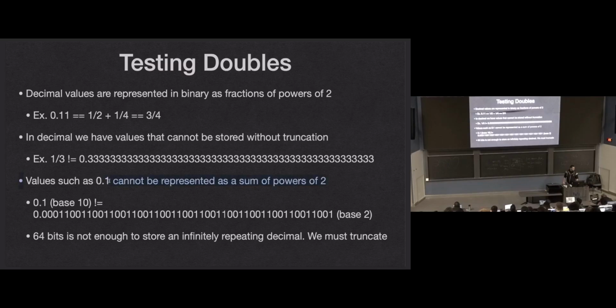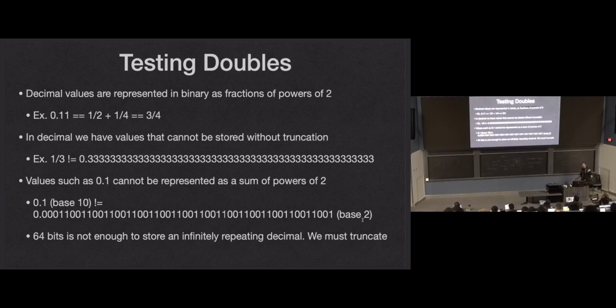And there are certain values like 0.1 in decimal, not 1/2, but 1/10. 0.1 in decimal can't be represented as the sum of fractions of powers of 2. To represent 0.1 or 1/10 in decimal, we need the binary value 0.000110011 repeating forever.